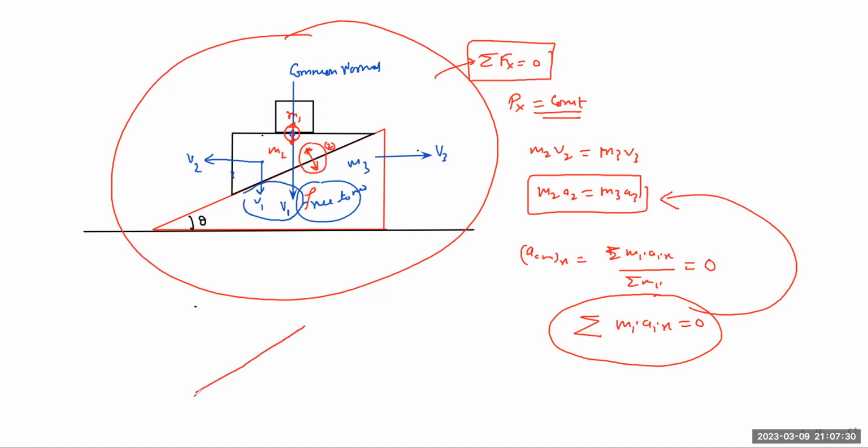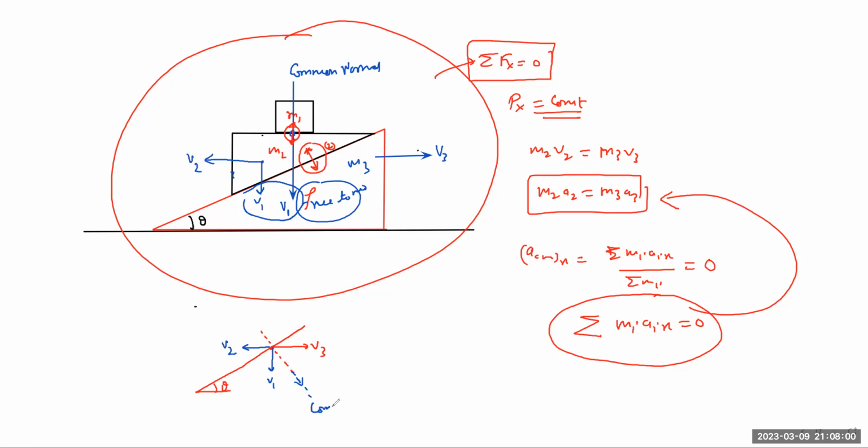To write the constraint, draw a slant, because this is our common normal. Draw the velocity of the individual masses. V3 is like this, and there's something interesting. M2 will have V1 this way, and I'm going to take the net velocity in this direction as common.